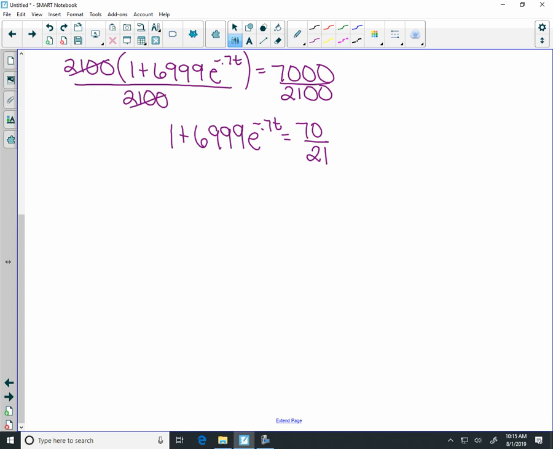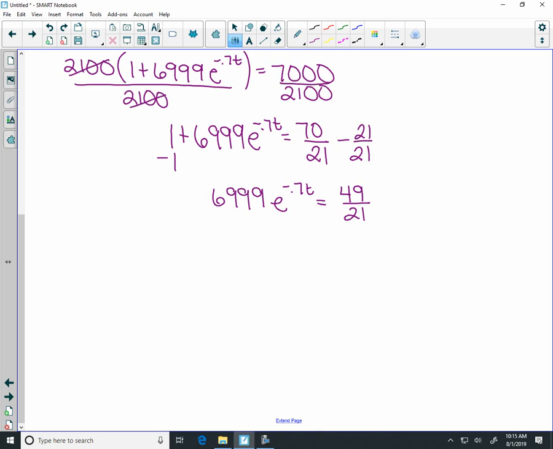Go ahead and reduce your fraction. Again, if this is the problem you're choosing to tackle on the test, you will be given a calculator for this portion. I'm still going to do this subtraction. One is a really easy common denominator to create here. I'm going to subtract 21 over 21, which is the same as subtracting 1. 70 minus 21 is 49 over 21.